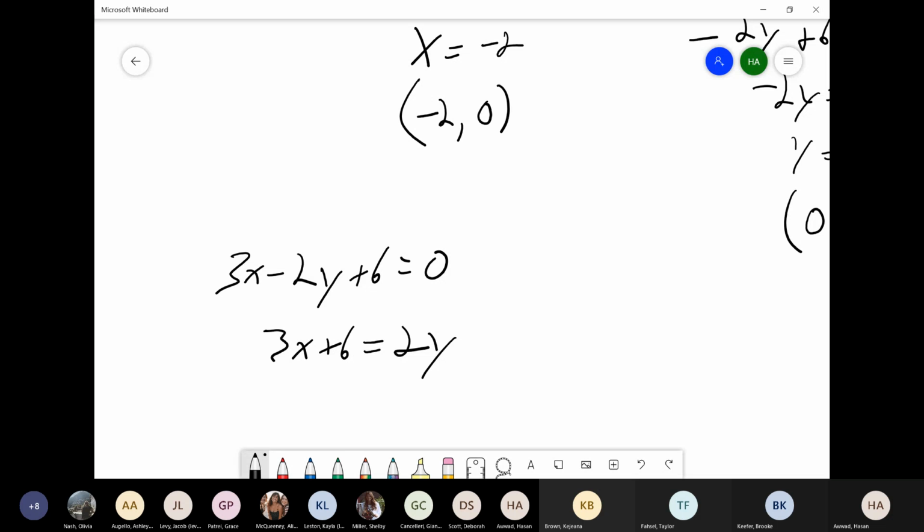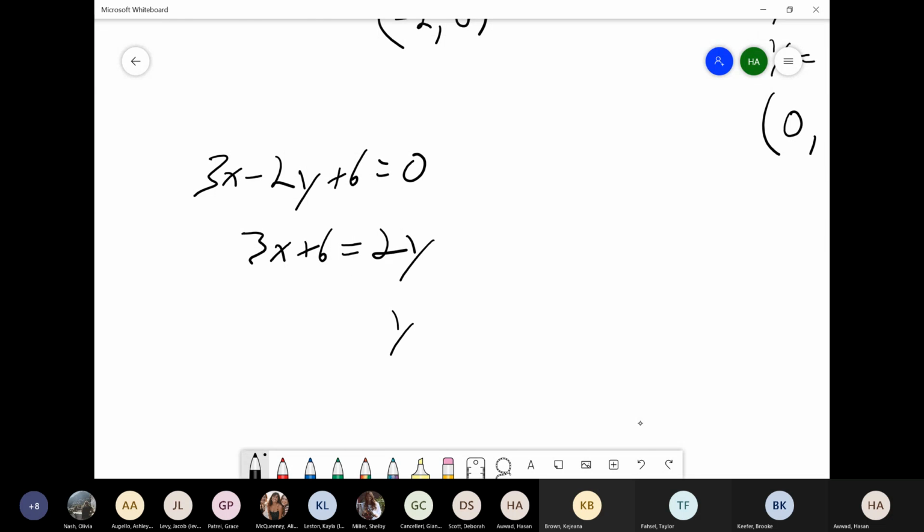If we divide by 2, then y is entirely by itself. So dividing by 2, we have y alone now on the right-hand side, and we divide each piece of the left-hand side by 2. So 6 divided by 2, or positive 6 divided by 2, is 3. And 3x divided by 2 is, well, you can't really simplify that, right? 3/2 x. And that's it.